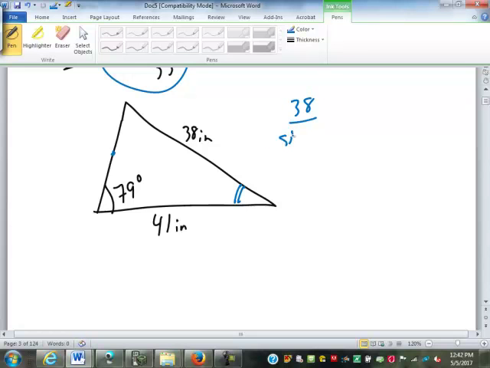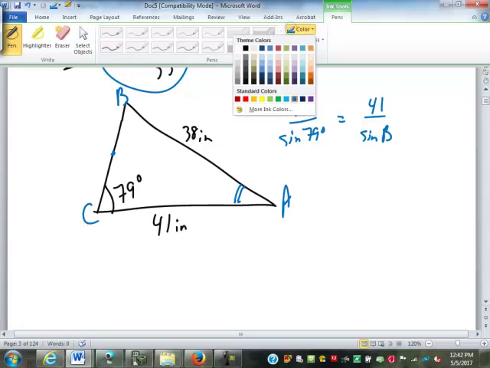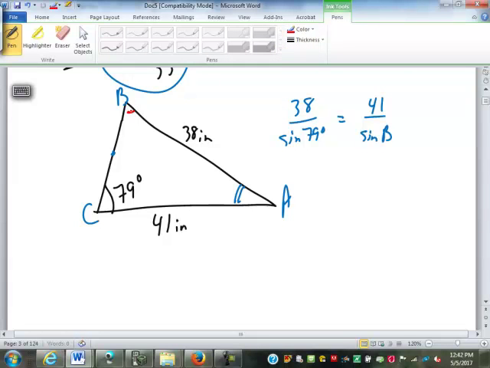So I use 38 over the sine of 79 degrees equals 41 over the sine of, I'm just going to call this A, B, and C, so that's sine of B that I'm actually finding up there. So I'm actually finding this angle first, but then I'll be able to get A. So I cross multiply and divide.